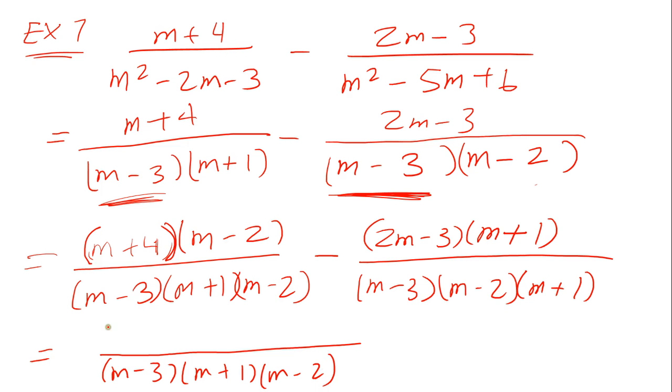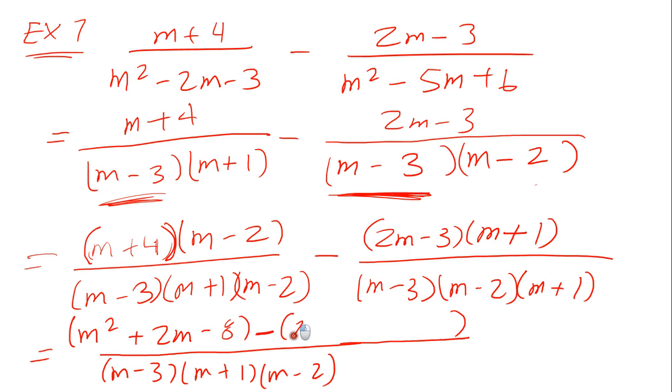So it's going to be a bit of a mess, but basically I have m squared minus 2m plus 4m, well, minus 2 plus 4 is plus 2m, minus 8, minus this whole other one.